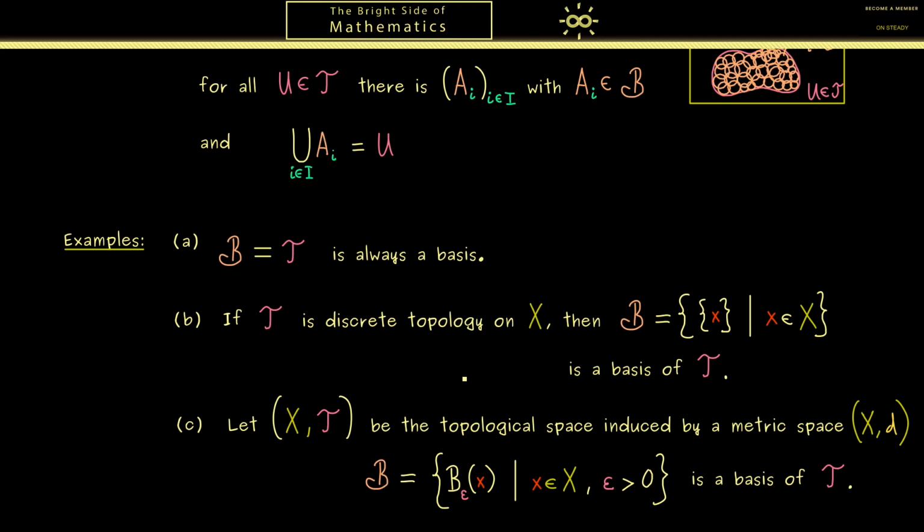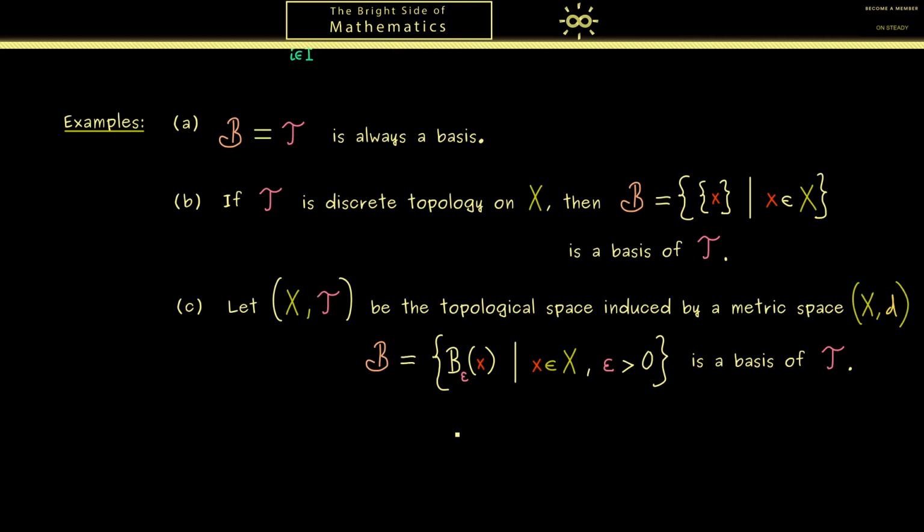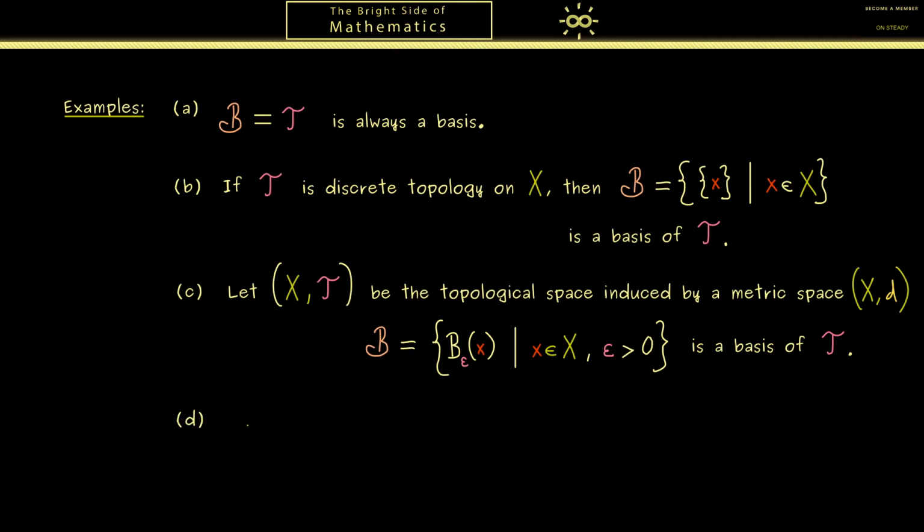So, not a surprise here, but we can simplify this even more when we look at a special metric space. And this one is well known, it's R^n with the Euclidean metric. Usually, just with a few words, we say that T is the standard topology on R^n. Now, because we have a metric here, we can use the same basis as before, but now with epsilon balls defined by the Euclidean metric.